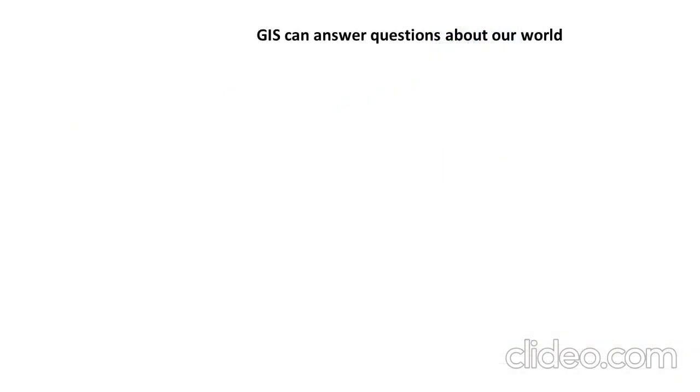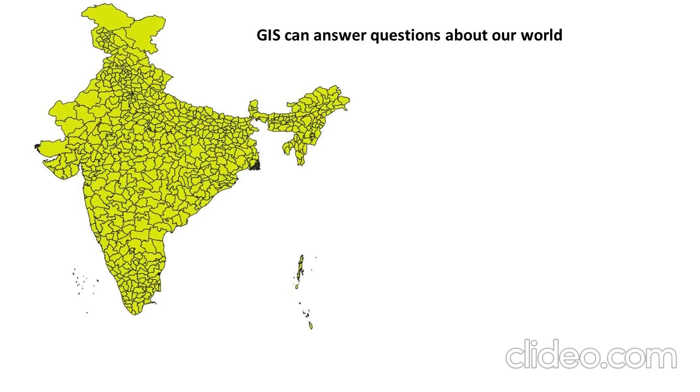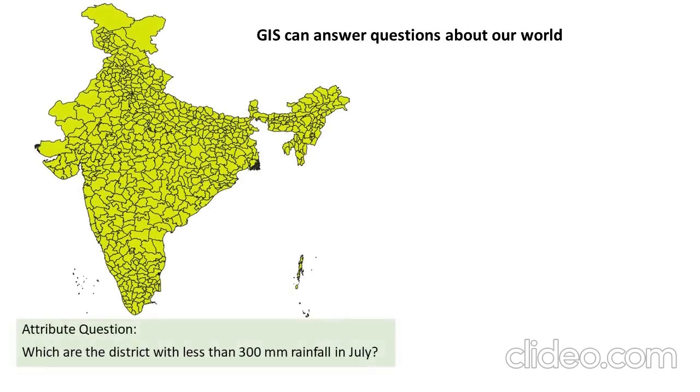GIS can answer questions about our world. This map indicates the district boundaries across the country. Now I want to know which are the districts with less than 300 mm rainfall in July. Can I answer this question? The answer is yes. With GIS, it is possible to process the data and visualize the same in the form of a map.